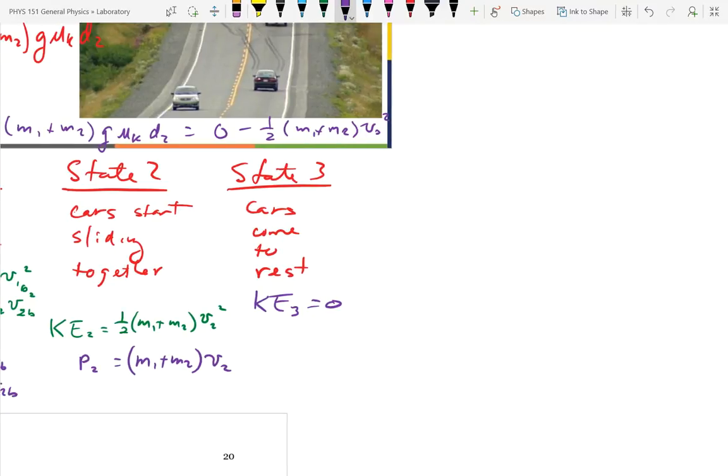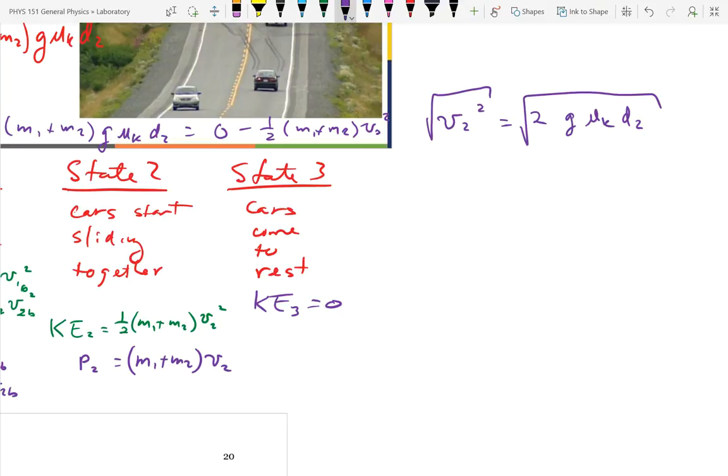Just multiply both sides by 2 and divide by M1 plus M2. And so square root both sides. And I have the speed that both cars were traveling after the collision.